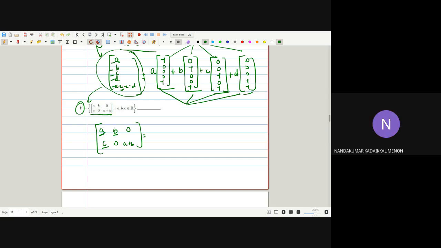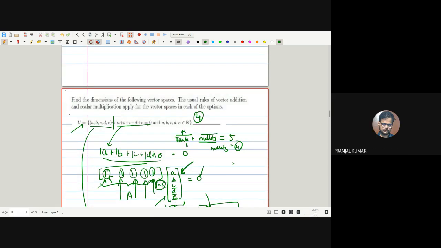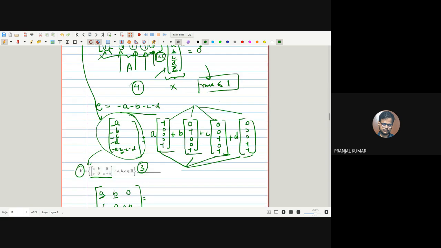So this is already 3. Here you couldn't say that you can see 5, because there was an equation given, so you can express one variable in place of others. After replacing e with minus a, minus b, minus c, minus d, you see only 4. So it is 4 there.